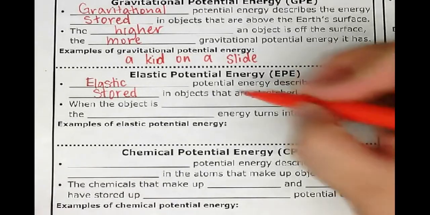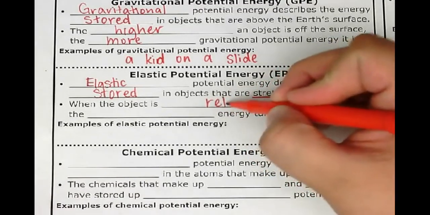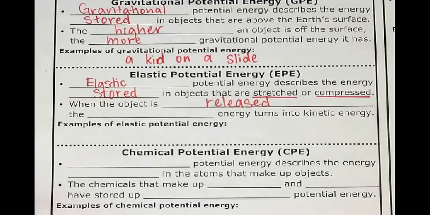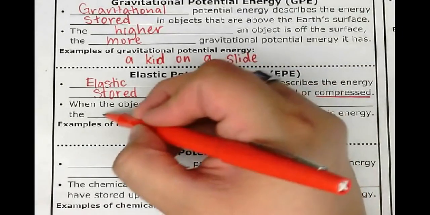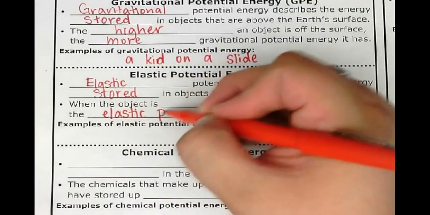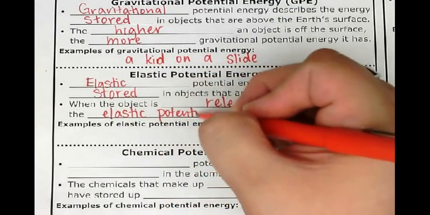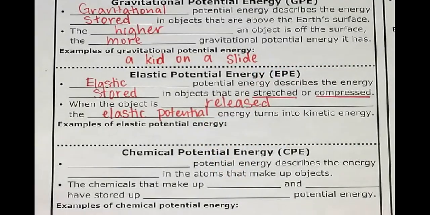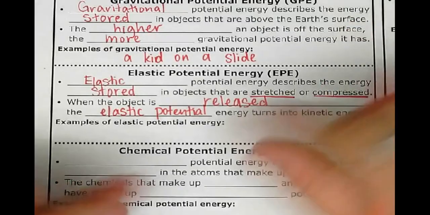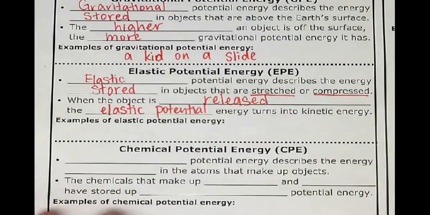When the object is released, the elastic potential energy turns into kinetic energy. It changes, just like when you stretch a rubber band and then you release it, it's going to turn into kinetic energy as it moves.